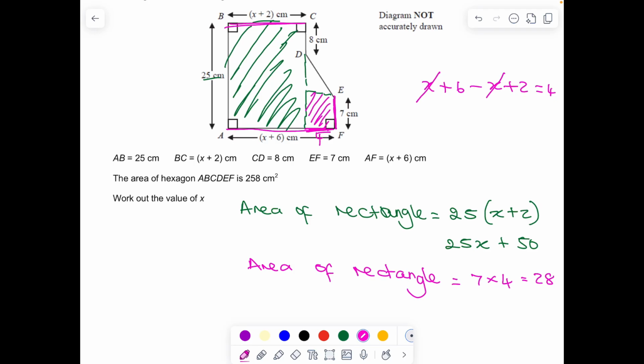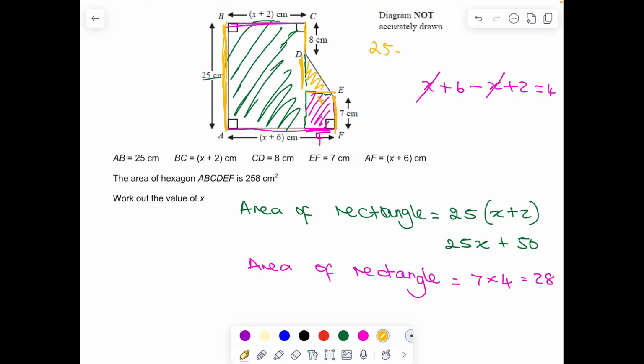Now the triangle. So we know that the base of the triangle is 4, because it's underneath there, so it must be the same, so 4. We just need to find this bit here. Well, I know that the whole thing is 25. Here is 7, and here is 8.